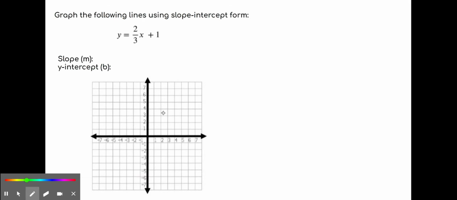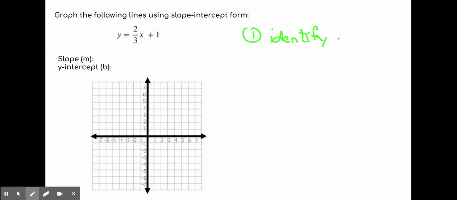So here's how it works. Take good notes. We're going to write our steps here so that we have it, and then use these steps on every problem. Okay, so first off, it needs to be in slope-intercept form. y equals mx plus b. Okay, so your first step is to always identify m and b.